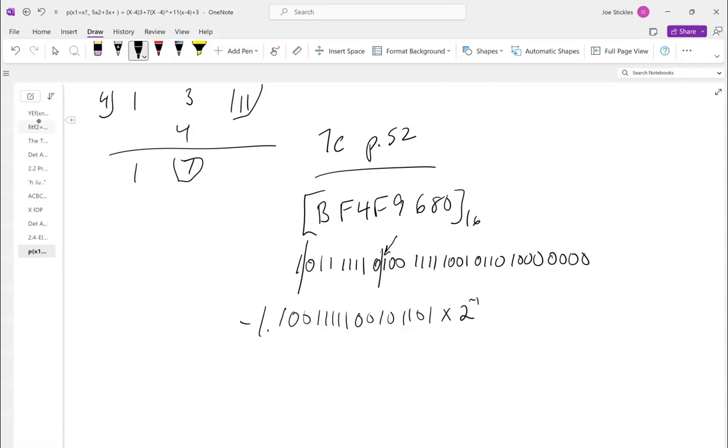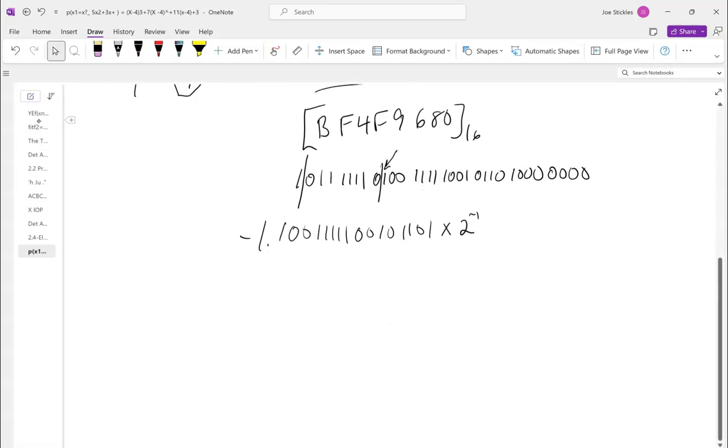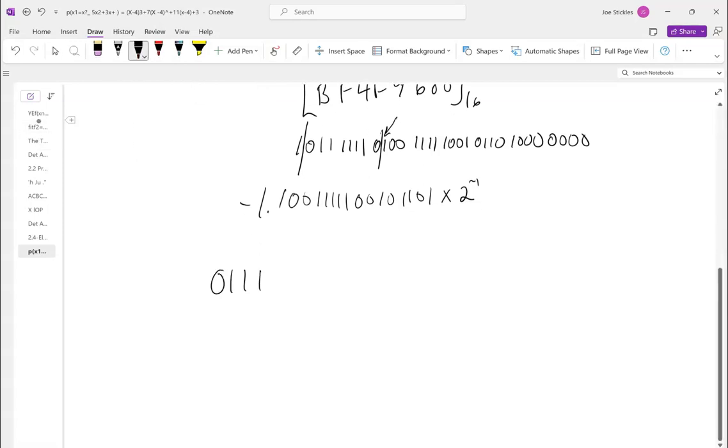Okay. So again, this number right here, write that down again. I'll write it below: 0, 1, 1, 1, 1, 1, 1, 0. 2 plus 4 plus 8 plus 16 plus 32 plus 64, right? This is base 2.